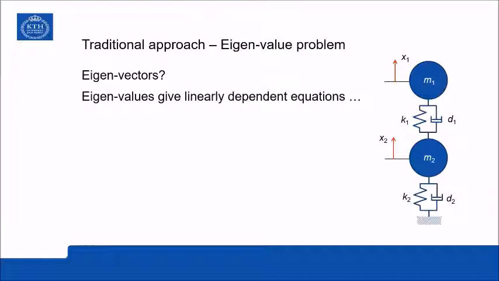Are the eigenvectors equal to the mode shapes that we obtain from the residues in the pole residue representation? From linear algebra, we know that the eigenvalues give linearly dependent equations. So if we insert one of the eigenvalues, Sn, in the system equations, then we will have a linearly dependent system of equations.